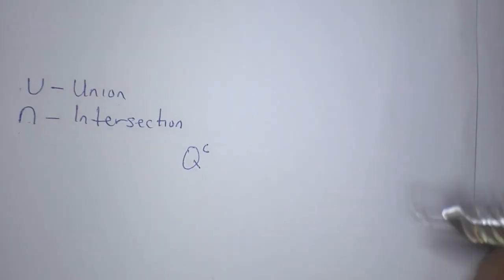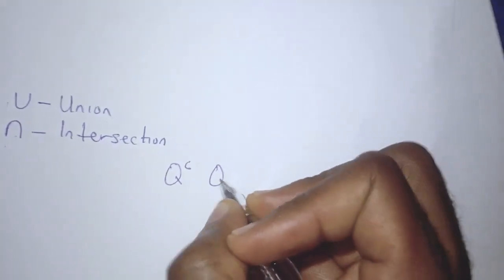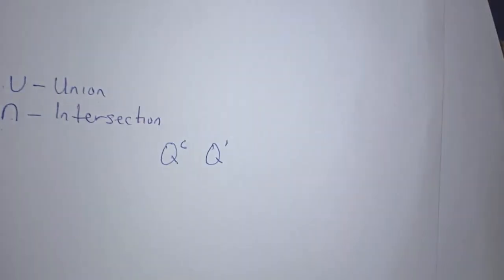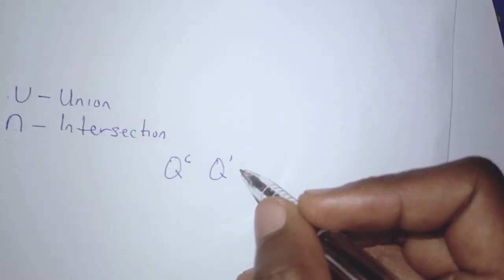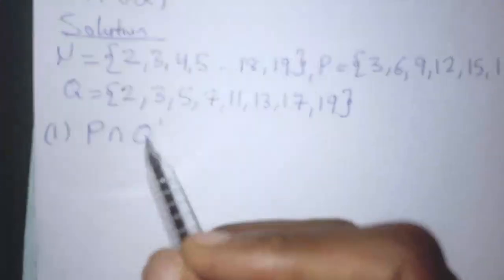You get to know what the complement of a set means soon. Q prime is more common, but they both mean the same. Now the first thing we have to do here is, we know Q, but we never knew Q prime.